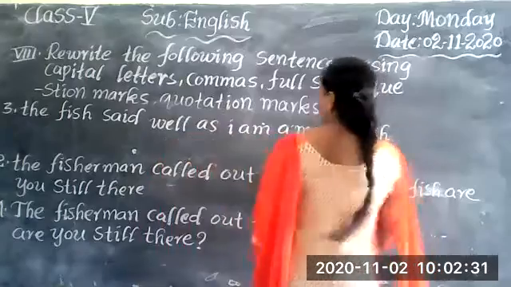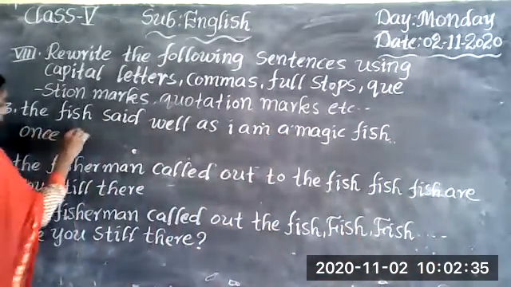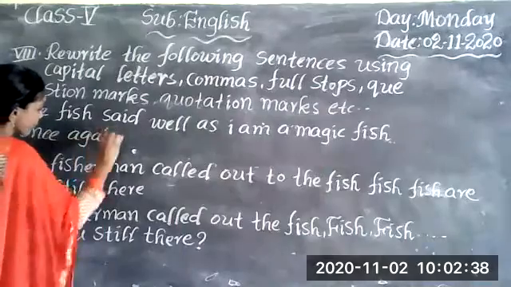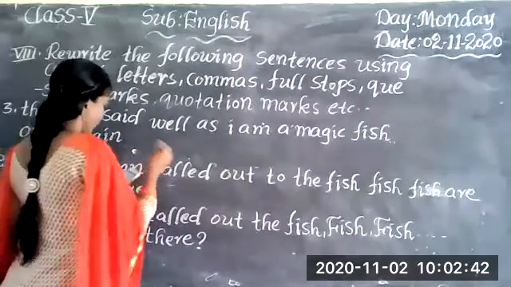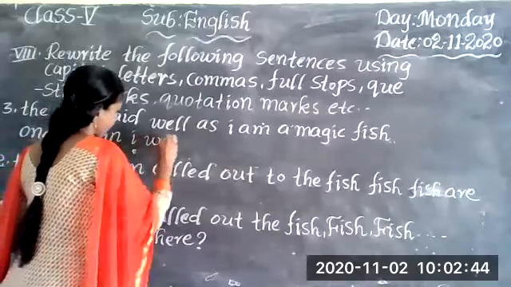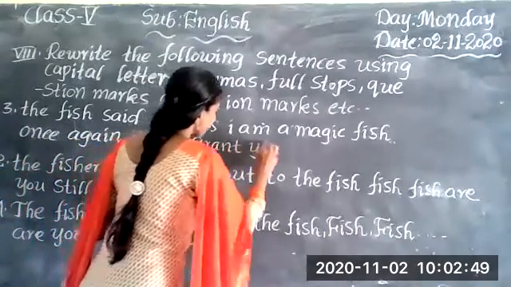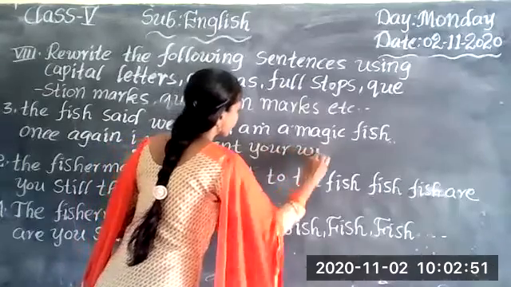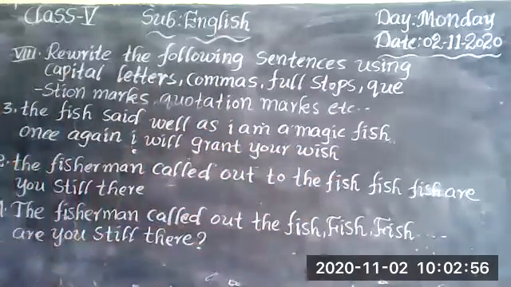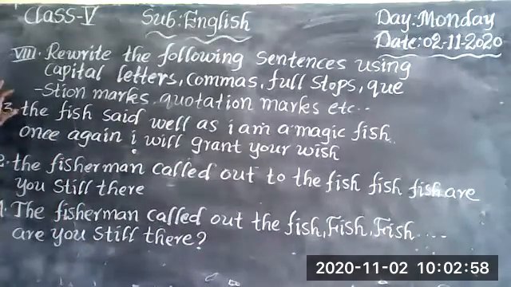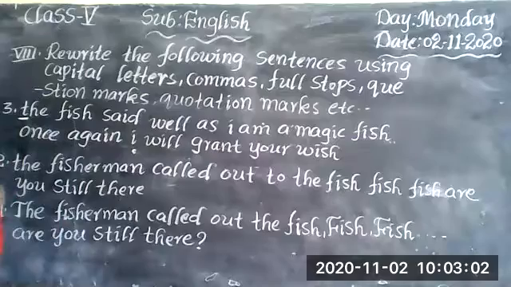Once again, I will grant your wish. Okay, look here. What do we have to change in this sentence? The first letter T. Here we have to write capital T, the fish said.